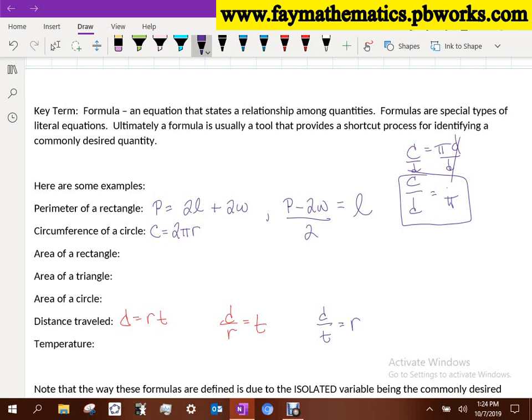You take a circumference of any circle, no matter how big your circle is, and you take its diameter, no matter what the diameter is. When you divide them, they'll always give you back 3.14 on forever. So that's the definition of pi for us. What's the area of a rectangle?